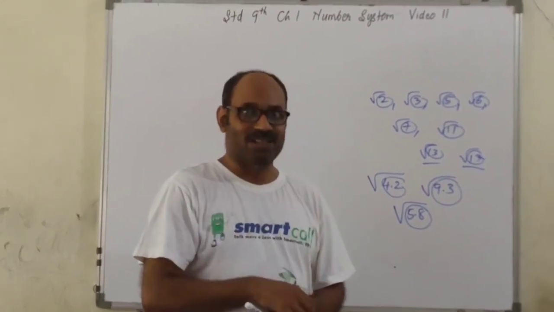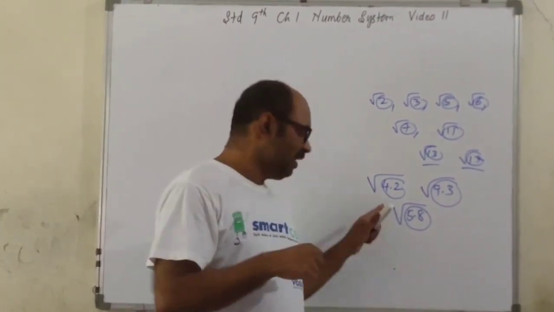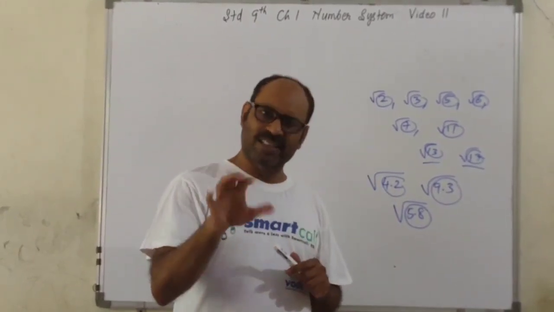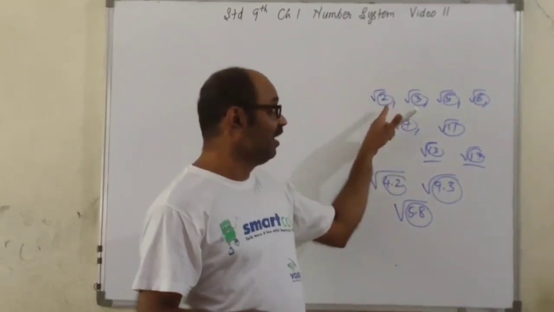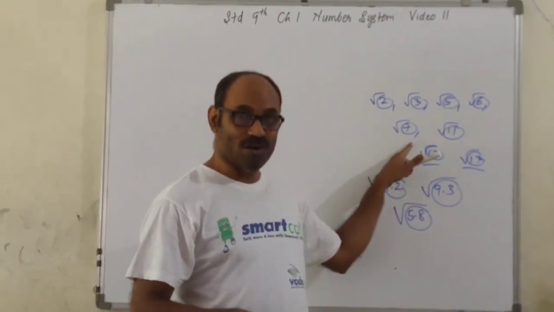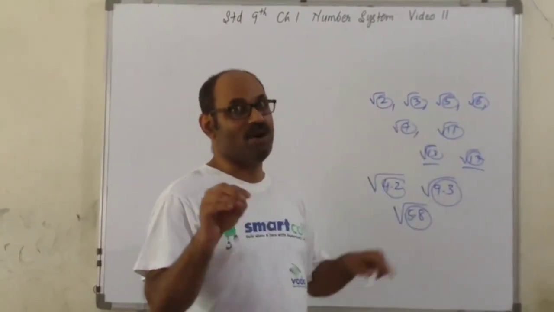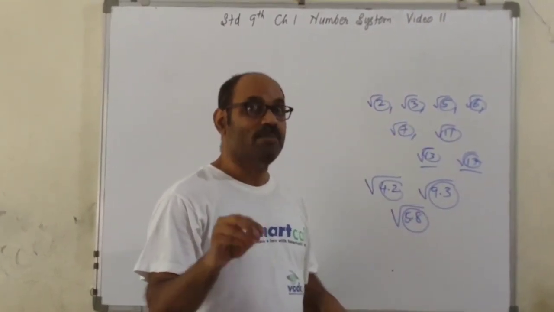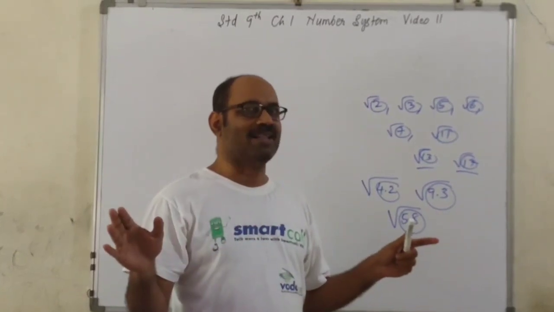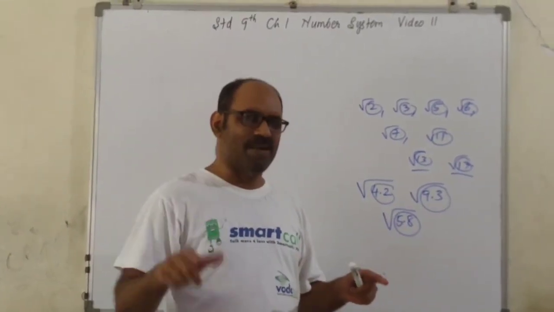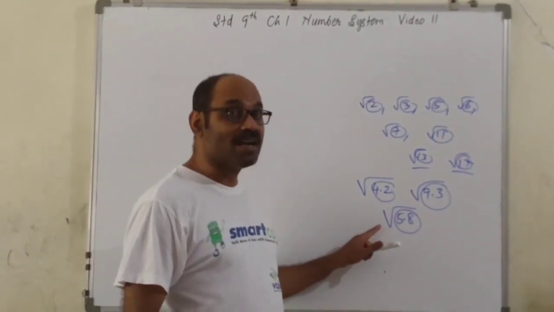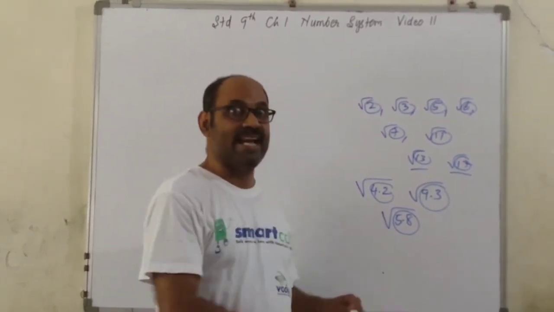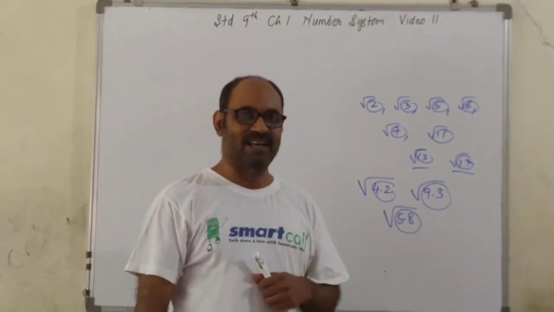That is a difficult concept. But to obtain this square root, I mean this irrational number, on the number line is easier compared to the lengthy method of plotting this irrational number on the number line. ये irrational number को number line पे प्लॉट करने के लिए बहुत लंबी मेथड है, बहुत कुछ करना पड़ता है, यहाँ कुछ कम करना पड़ता है, लेकिन the concept of how we are getting that is difficult.